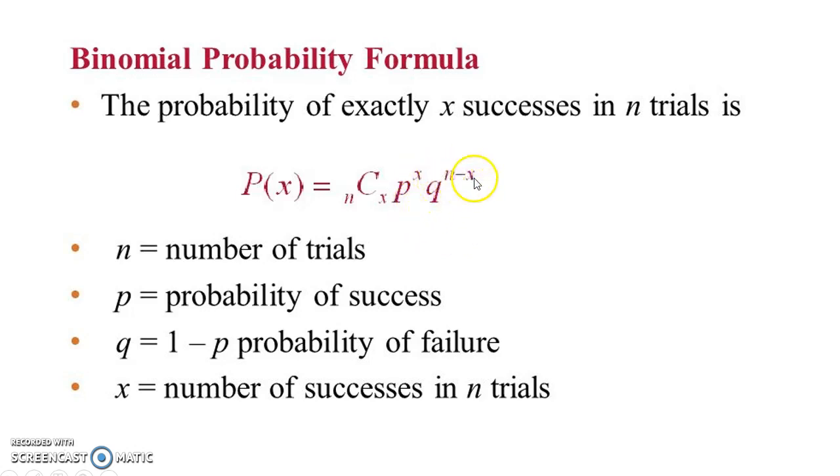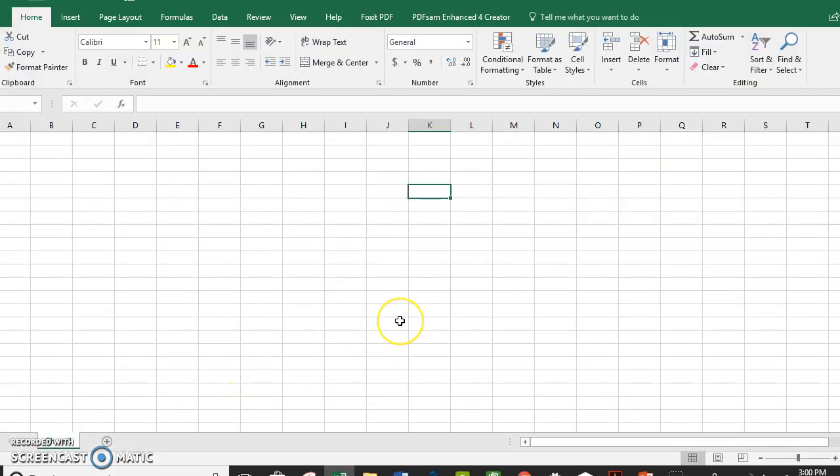In this case, the number of failures is n minus x, which is 10 minus 6, or 4. So this will be the combinations times 0.2 raised to the 6 times 0.8 raised to the 4. So let's go to Excel and actually calculate the formula.